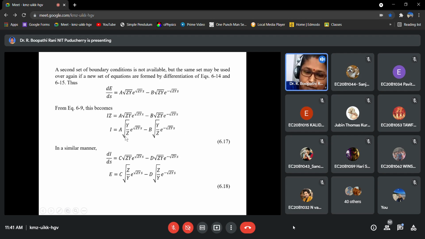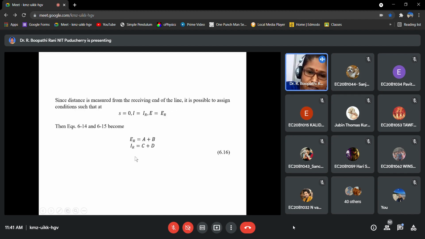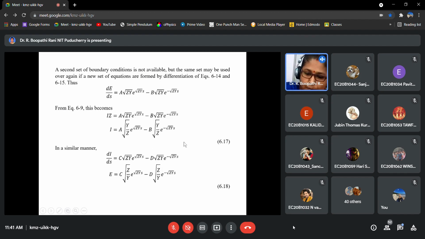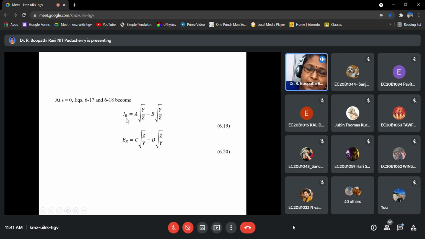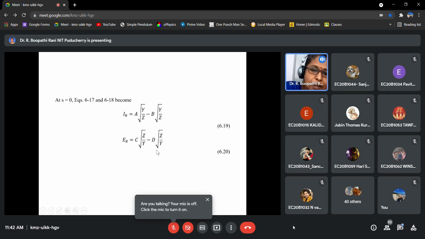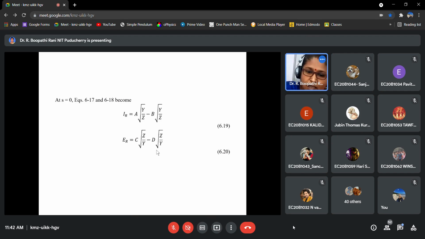If we differentiate and then apply the condition, we get two more relations for ER and IR relating with ABCD. Our unknowns are 4, we have 4 equations, so solving these we get expressions for ABCD.